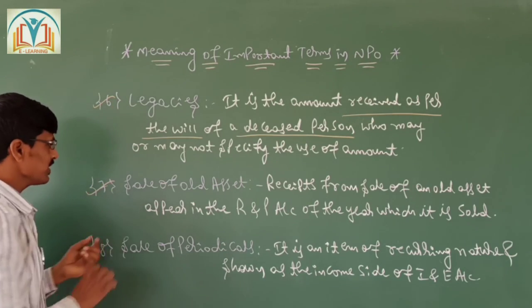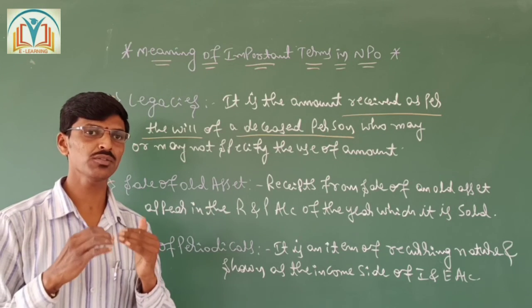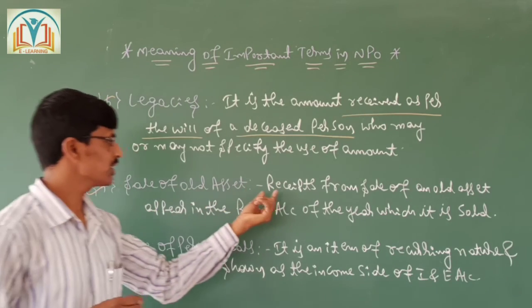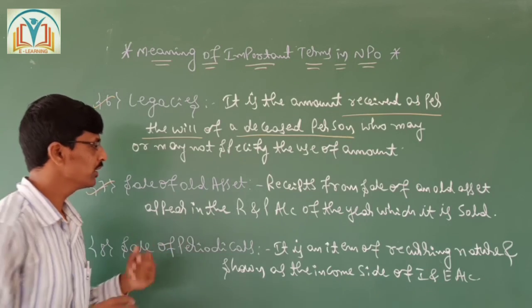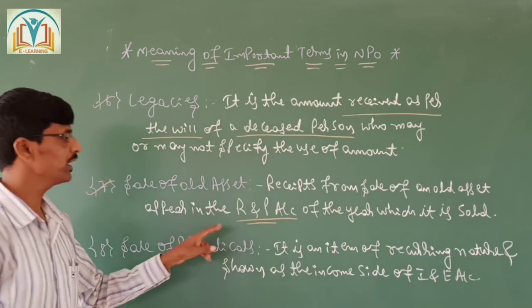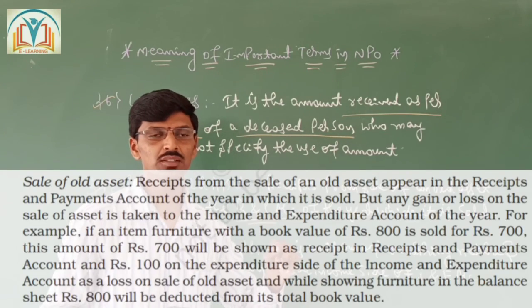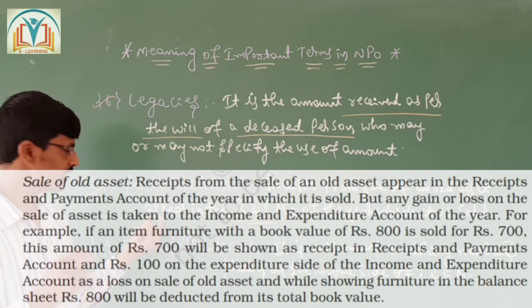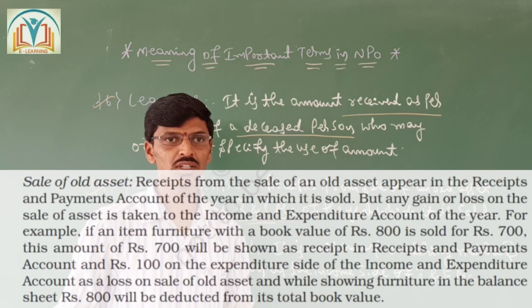Then the seventh is sale of old asset. Say for example, you have sold an old asset during the year. The receipt from the sale of the old asset appears in the receipt and payment account of the year in which it is sold.